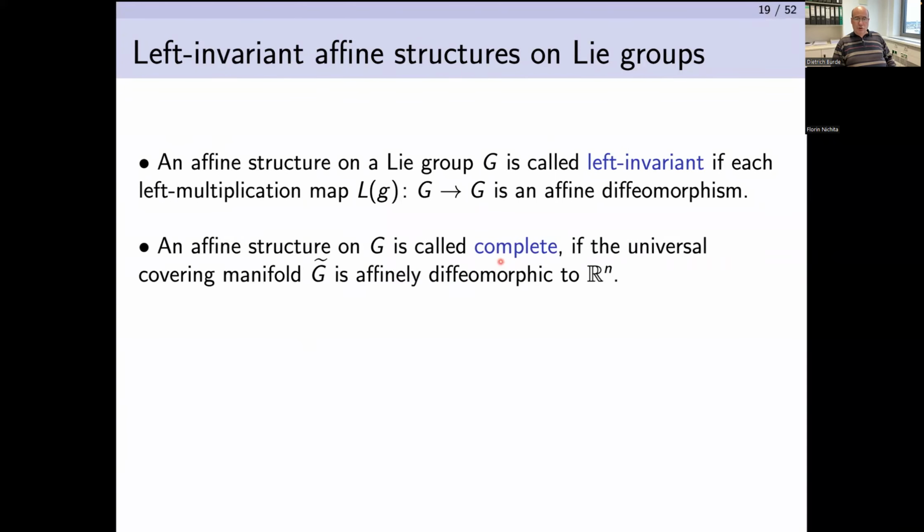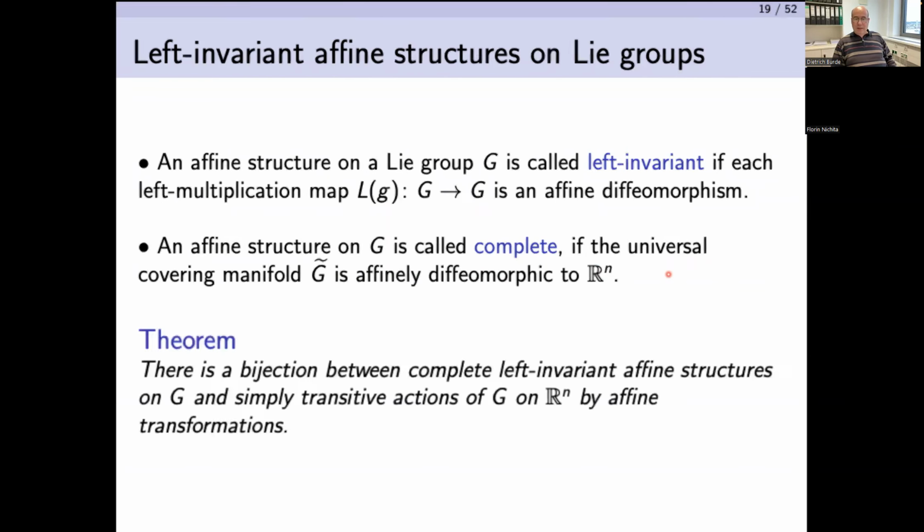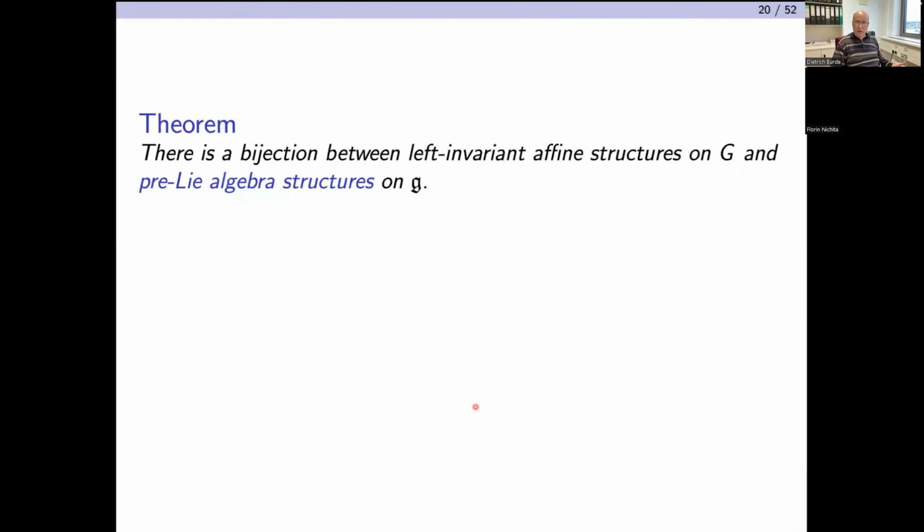In differential geometry, there's the notion of completeness. That's only to understand the theorem better. We do not want to use this right now. So it turns out there is a bijection between these complete left-invariant affine structures on a Lie group and the simply transitive actions by affine transformations, which we have defined following Louis Auslander.